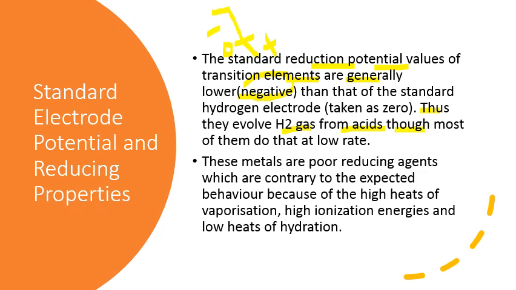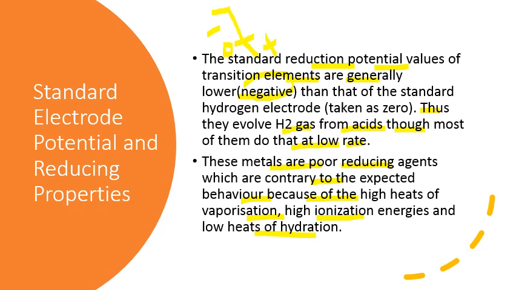Though most of them do it at a low rate, they can evolve hydrogen gas. So we can say these metals are poor reducing agents, which is contrary to the expected behavior, because of the high heat of vaporization, high ionization energy, and low heat of hydration.